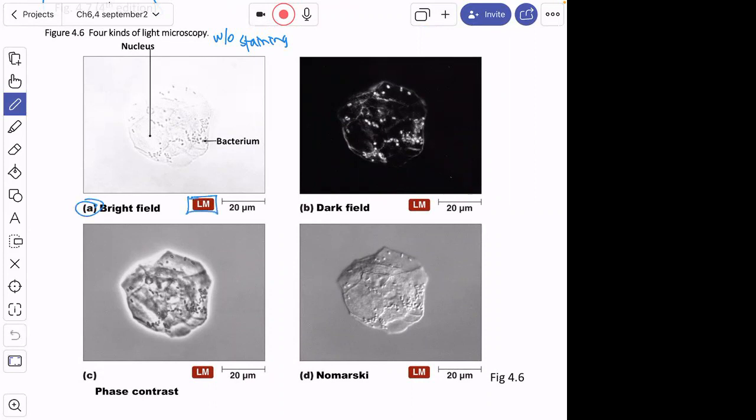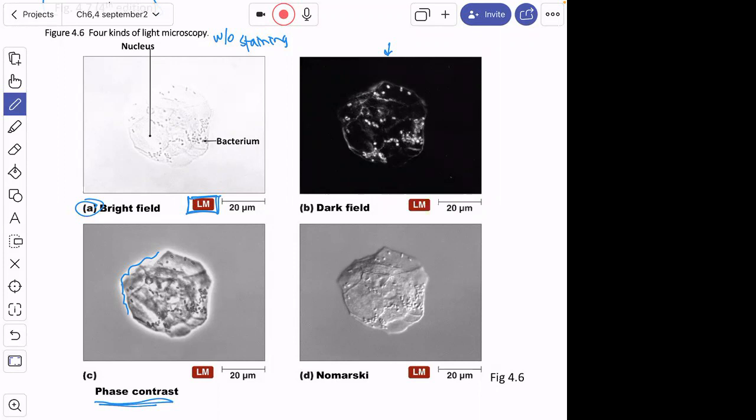And again, see the LM, that stands for light microscopy. So these are all just using regular visible light. Dark field, the cell is a little bit light, the background is dark. Phase contrast, gradients of gray there. You often see a little halo effect around cells with phase contrast, just because the light's been manipulated a little bit.